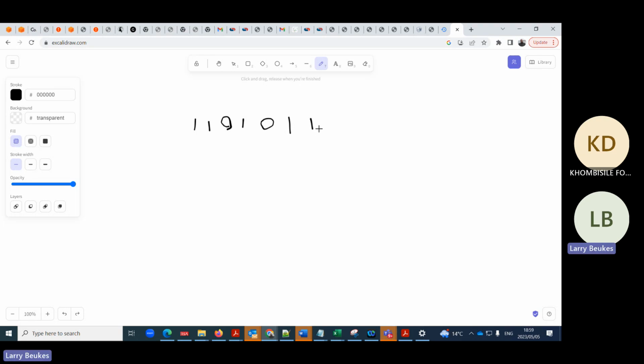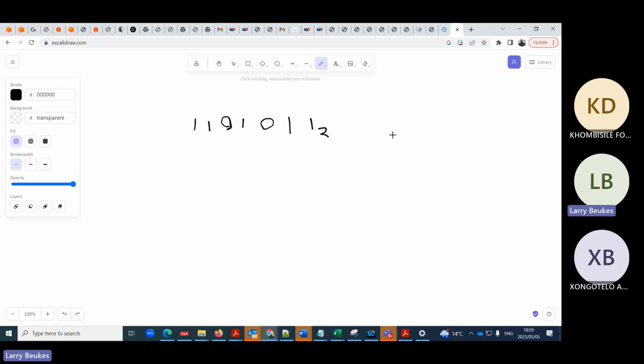Binary is subscript 2, and hex is subscript 16. In the first session, I showed you that the number 10 is an A, 11 is B, 12 is C, 13 is D, and 15 is an F.